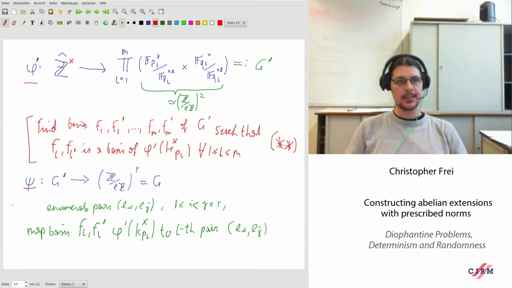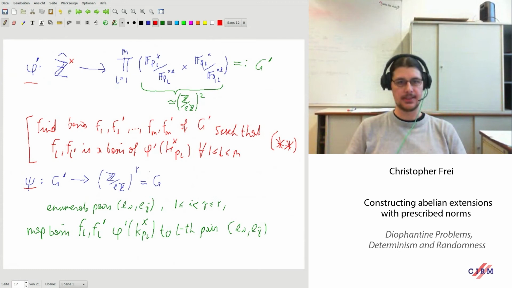Then let's just assume that we are able to find such a basis for now. Then I construct a second map, a psi, and this goes now from G prime to a group G. And the way in which I do this is I take all pairs of elements of my standard basis of Z mod EZ to the R, enumerate them in some way.